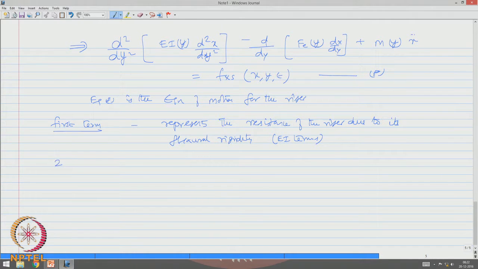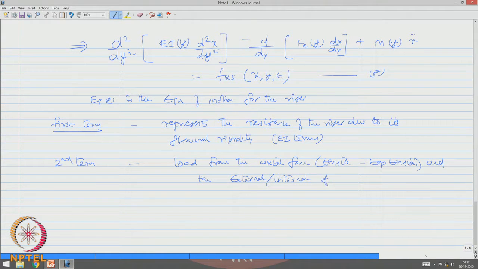The second term in the above equation refers to the load from the axial force, essentially the tensile force, what otherwise we call as top tension, and the external and internal fluid pressure.